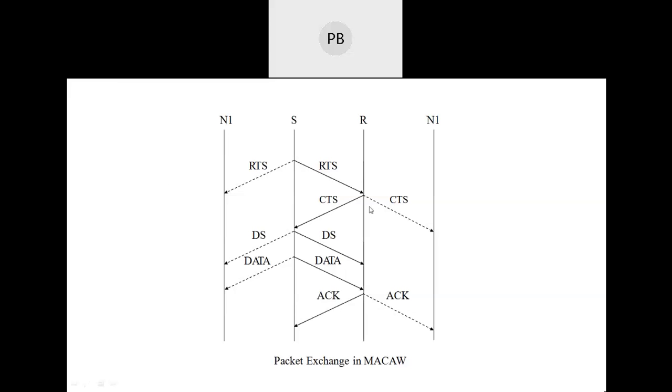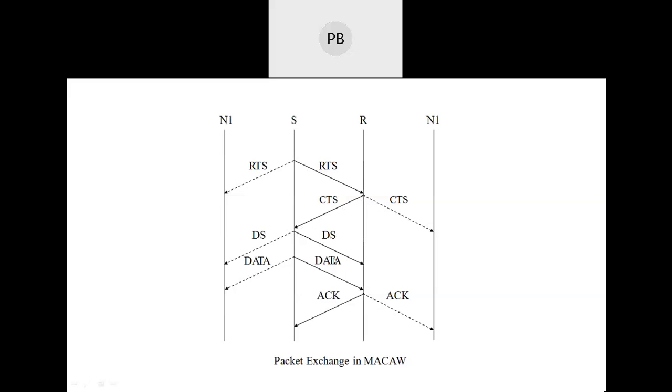But in case of S, once it receives the CTS, it finds that this is the CTS against its RTS request. That means this node is ready to communicate with me.